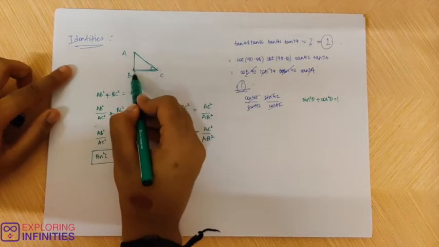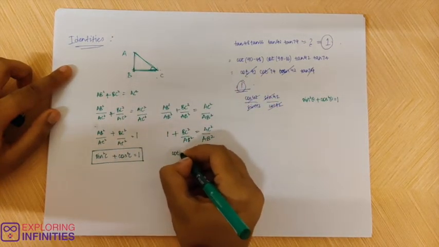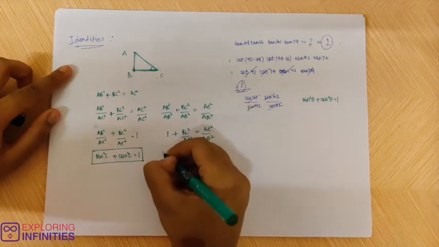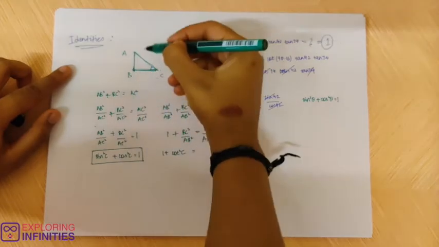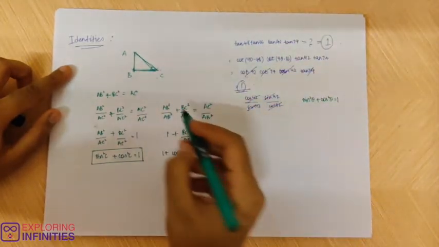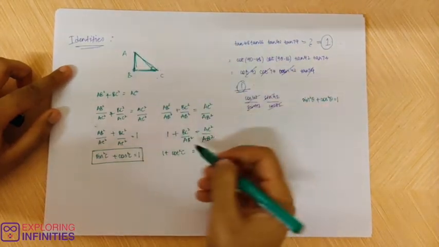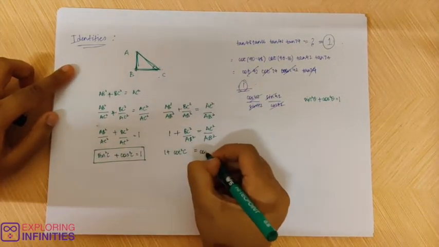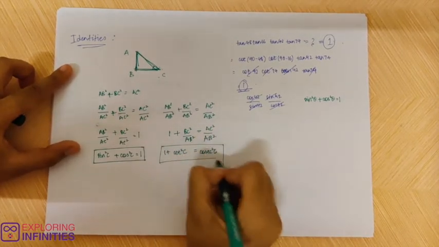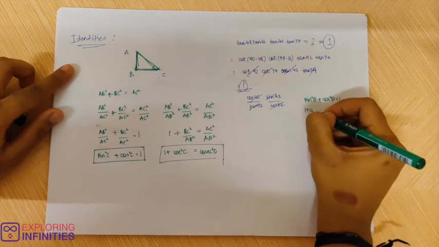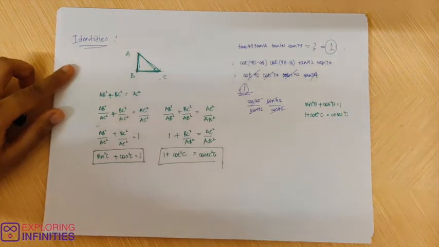BC by AB, that is adjacent by opposite. So cot square C. 1 plus cot square C is equal to AC square, that is hypotenuse, by AB square, opposite. Hypotenuse by opposite is opposite of sine, that is cosecant. So cosecant square C. So this is another identity. 1 plus cot square C is equal to cosecant square C.